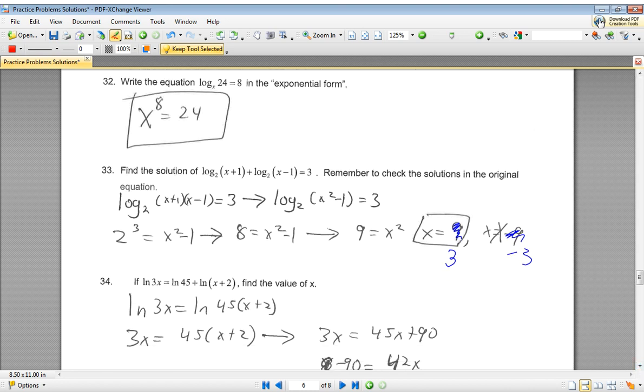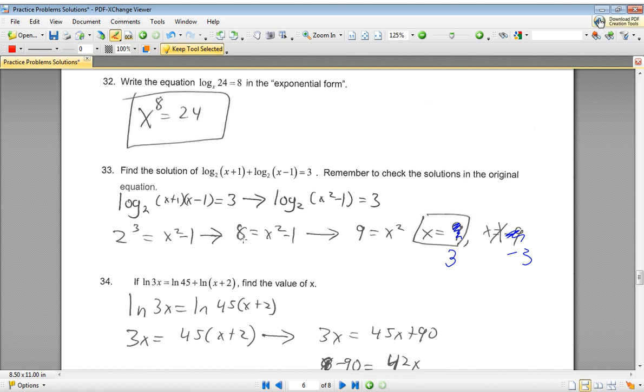Find the solution of that. So remember to check the solution. So addition becomes multiplication. And then we're going to rewrite this. We FOIL first. And then we rewrite this as the base of the log becomes the base of the exponent. Switch the other two.